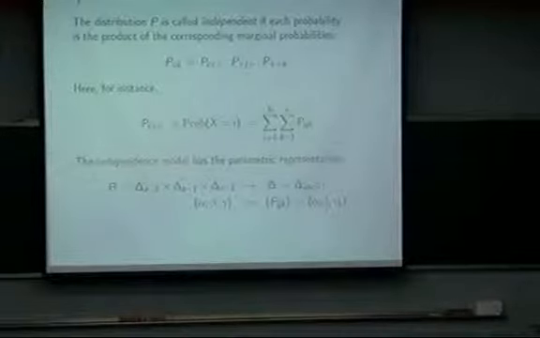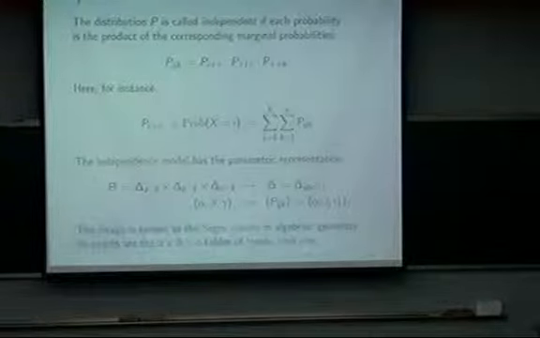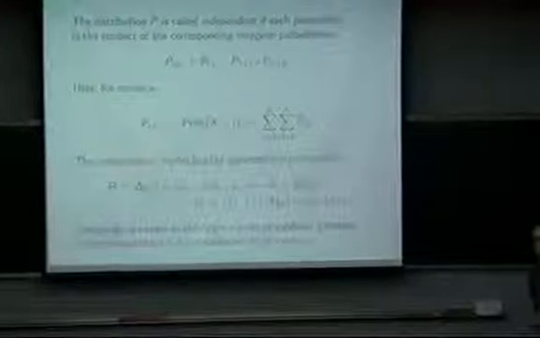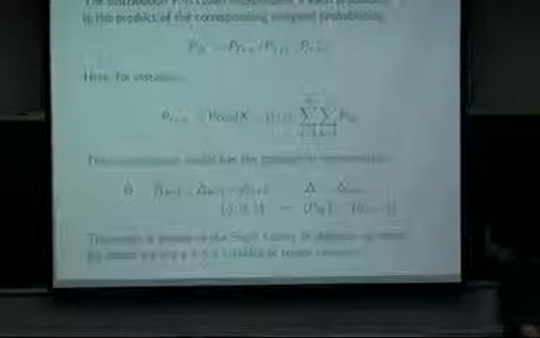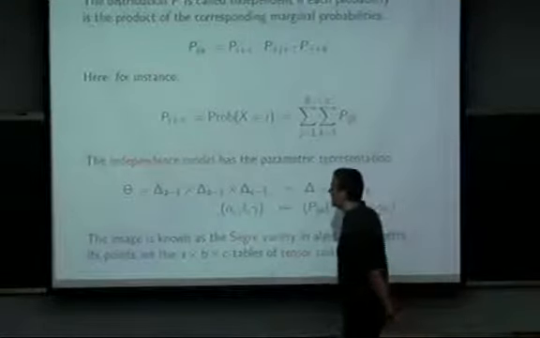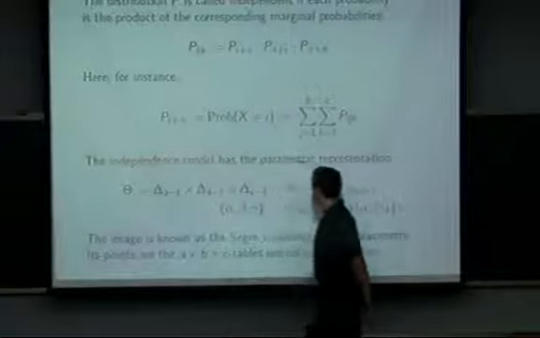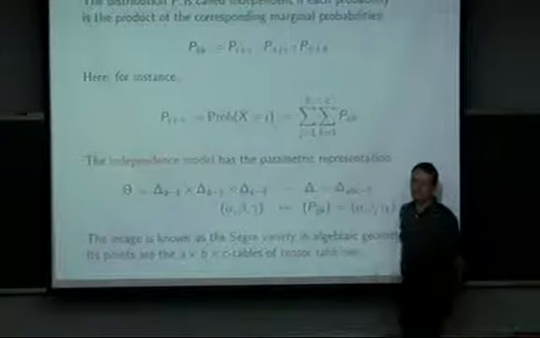Now you can see there's a low-dimensional space mapping to a high-dimensional space, and we're interested in understanding this image. Now, this is a very, very well understood situation. Algebraic geometers know this image. In algebraic geometry, this is called the Segre variety. The Segre variety is the image of the product of these simplices inside the big simplex.